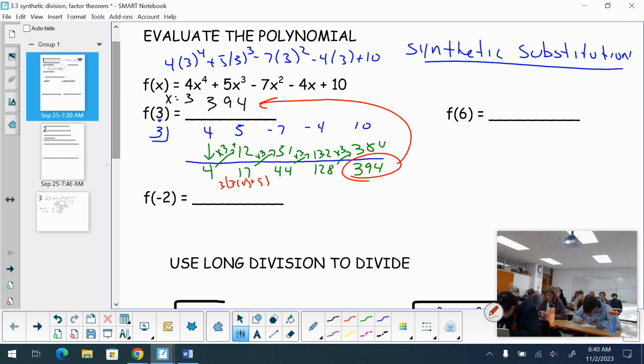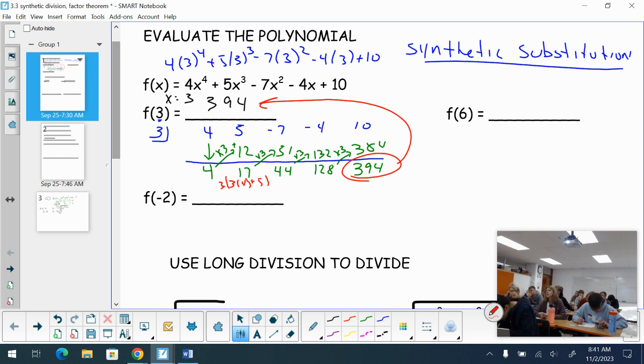The value of 5 that we bring down gets multiplied by 3 1, 2, 3 times, just like we set up here. The value of negative 7 gets multiplied by 3 twice, here and here. The value of negative 4 gets multiplied by 3 once. You know the perfect descending order of exponents. What would you do? Put them in order.